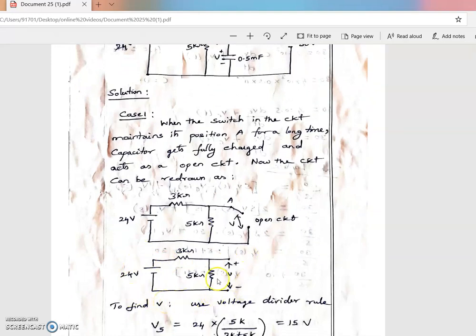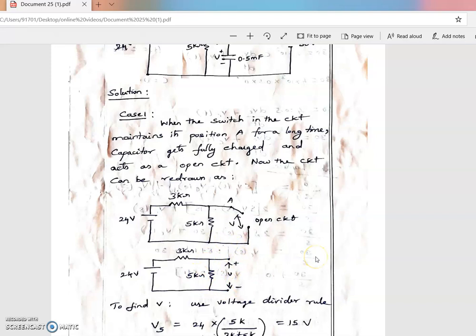Here we have only a single loop containing 24 volt and the remaining two resistances in series. We need to find the voltage across the capacitor, that is, the voltage across the open circuit. This is the voltage across the 5 kilo ohm resistor.